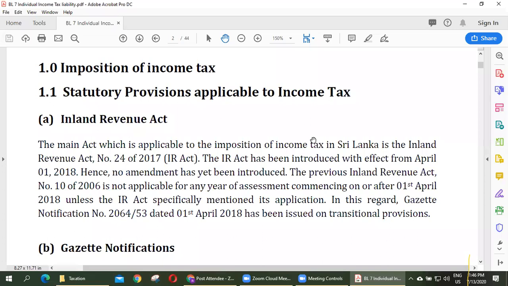Subsection of that, statutory provisions. Statutory means legal provisions, right? Legal provisions applicable to income tax. What are the legal arrangements made in Sri Lanka to collect tax? In your degree program, the taxation subject will be taught in two courses.